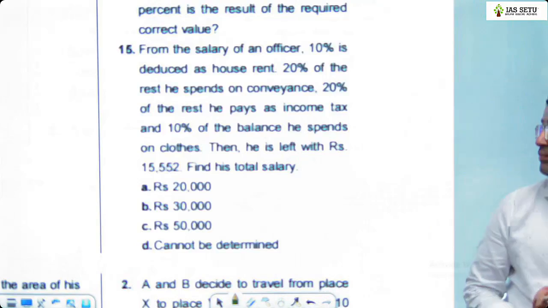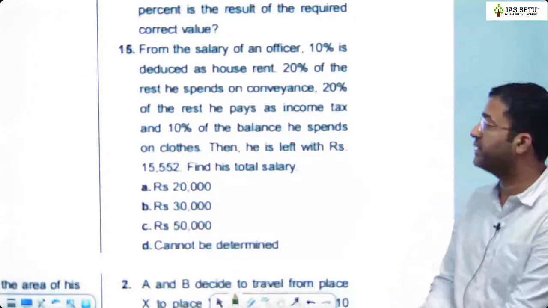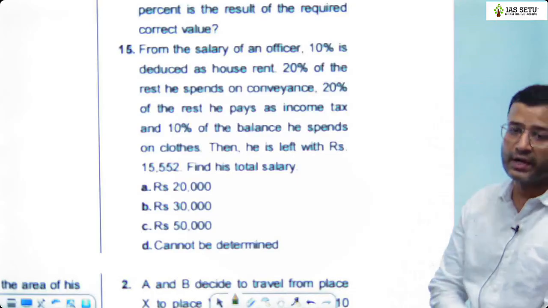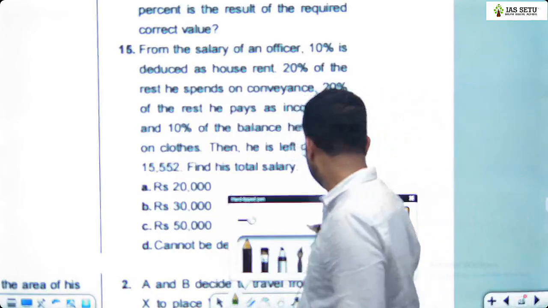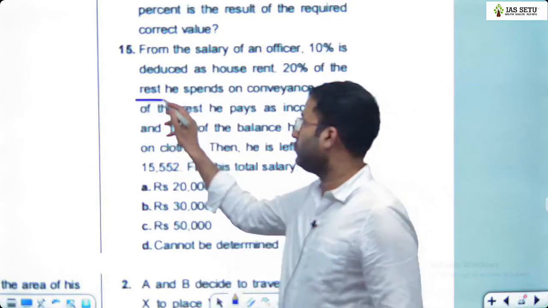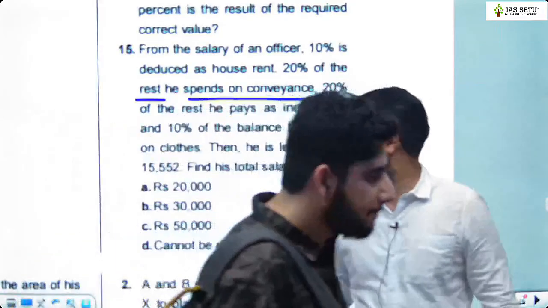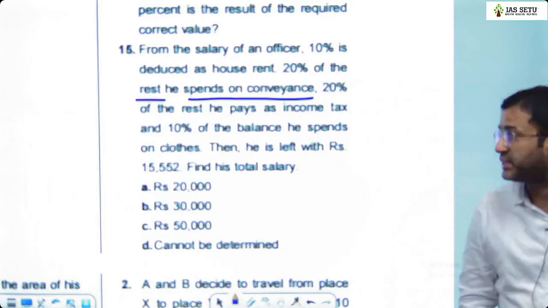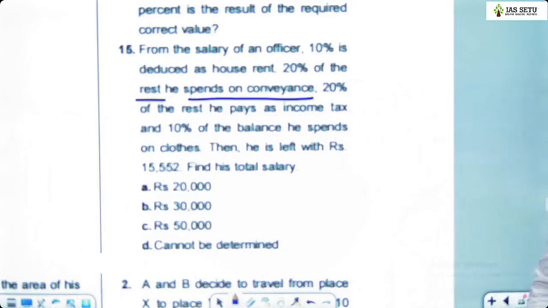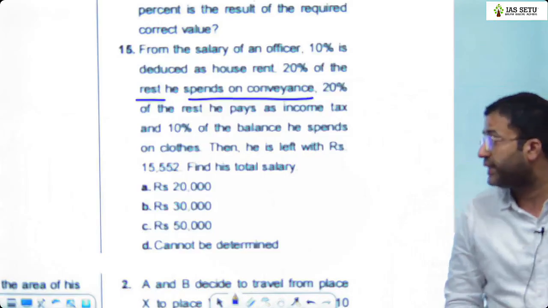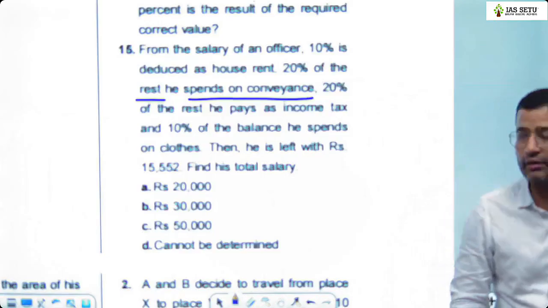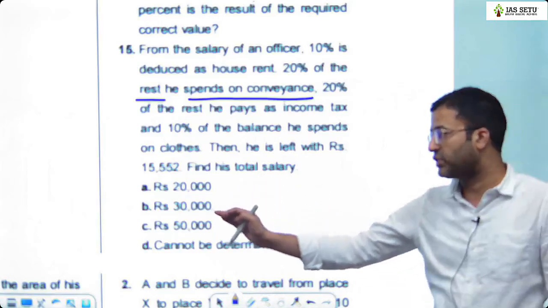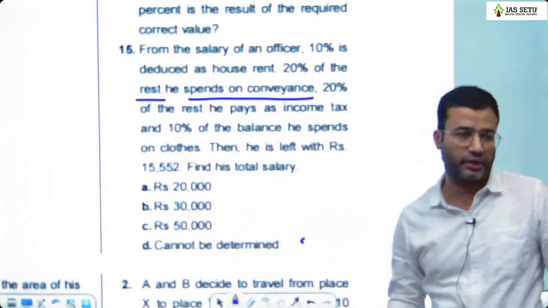Question is, from the salary of an officer, 10% is deducted as house rent, 20% of the rest, underline the word rest, he spends on convenience, 20% of the rest he pays as income tax, 10% of the balance he spends on clothes. Then he is left with rupees 15,552. Find his total salary. Answer options given: 20,000, 30,000, 50,000, cannot be determined.